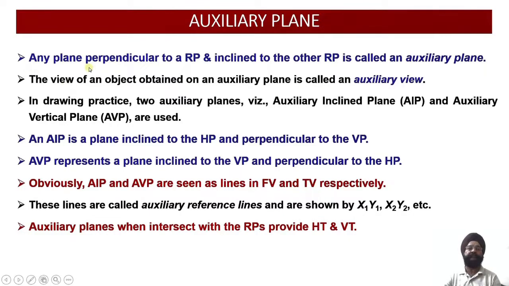Any plane which is perpendicular to a given reference plane and is inclined to the other reference plane is called an auxiliary plane. Basically, it is an imaginary plane which is drawn parallel to the surface of the component or the object which is inclined to either HP or VP, so that we can obtain the true shape of the inclined surface.